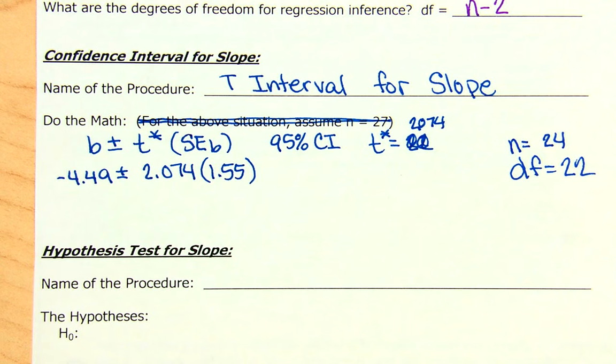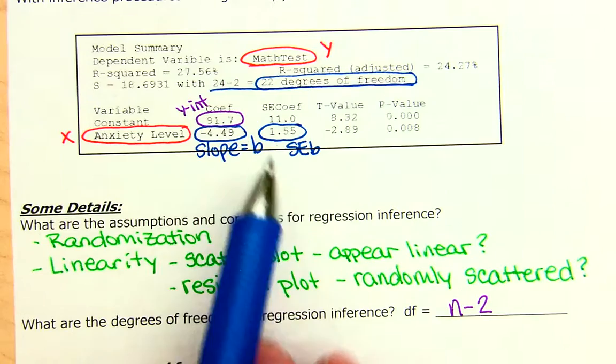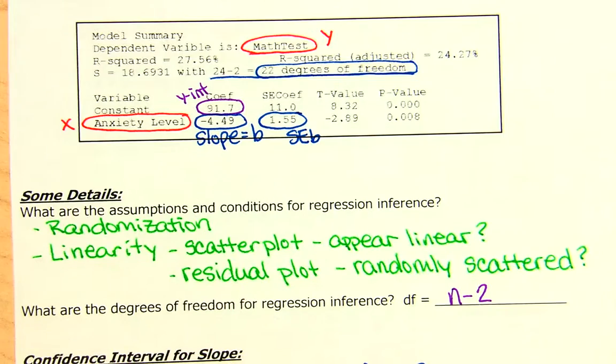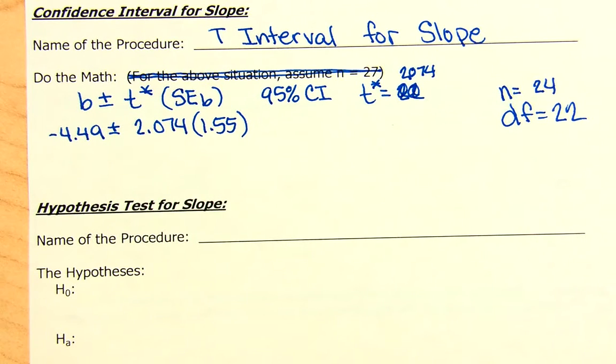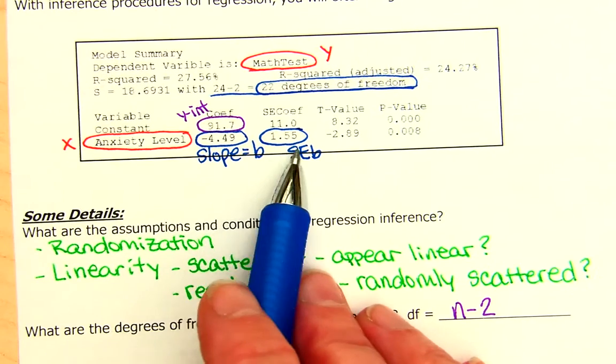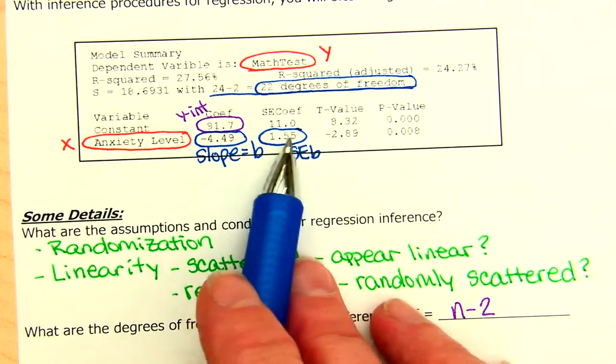What is the 1.55 value? That is our standard error of the slope. So that's our standard deviation for the slope value.